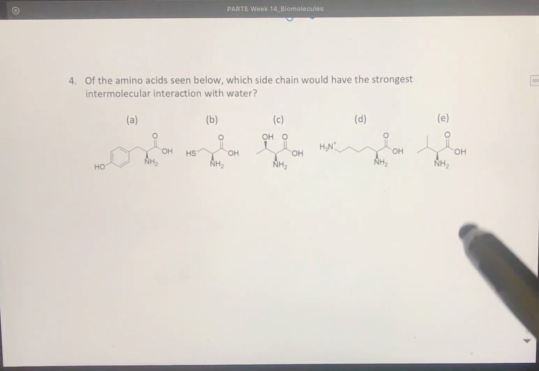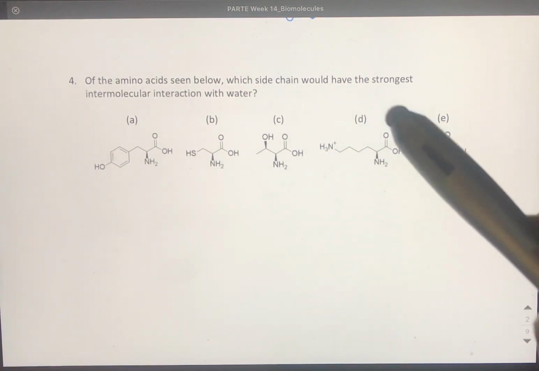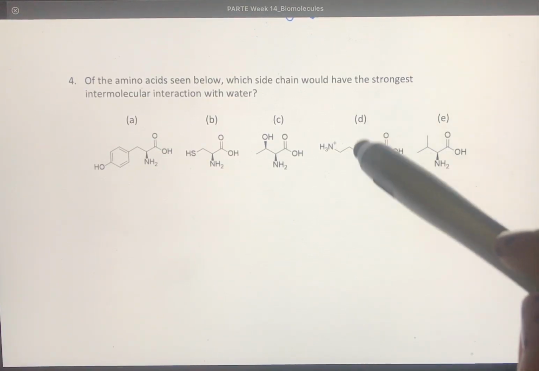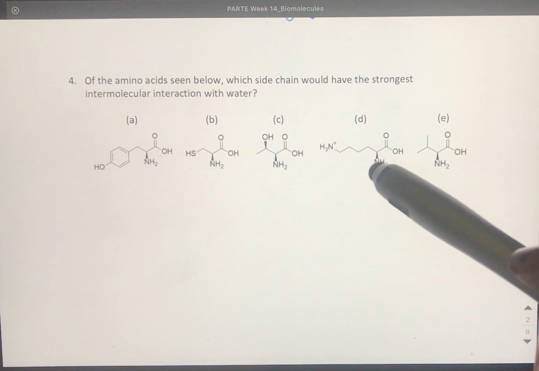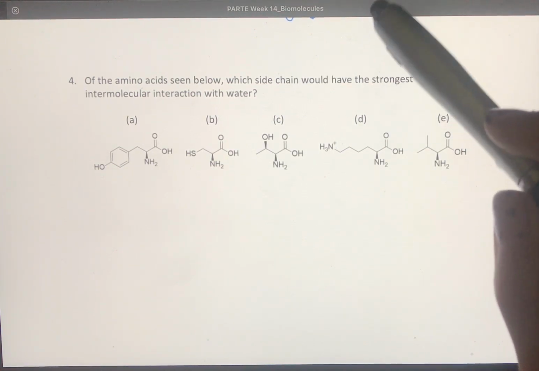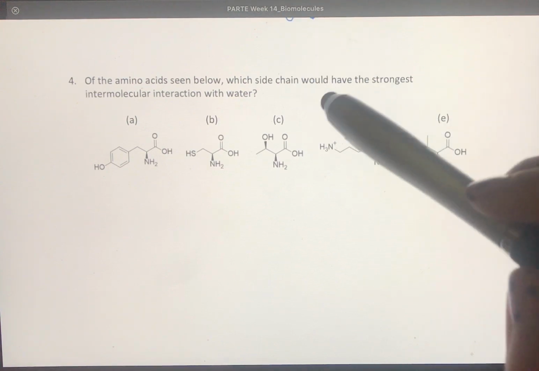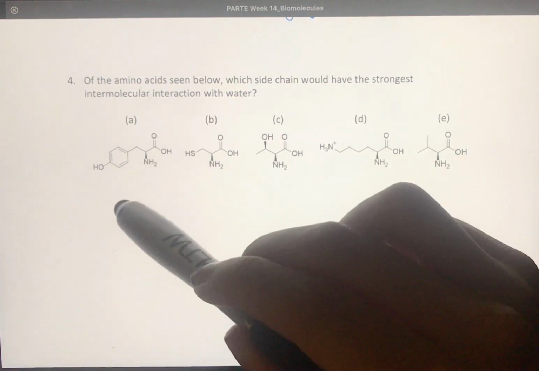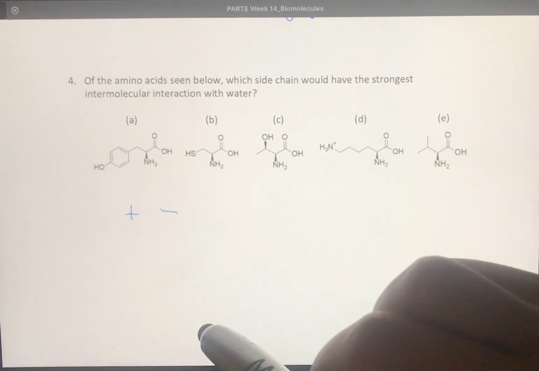All right. So of the amino acids seen below, which side chain would have the strongest intermolecular interaction with water? So let's think about our intermolecular forces that we learned. The strongest one is going to be electrostatic. So something where you have a positive charge and a negative charge.